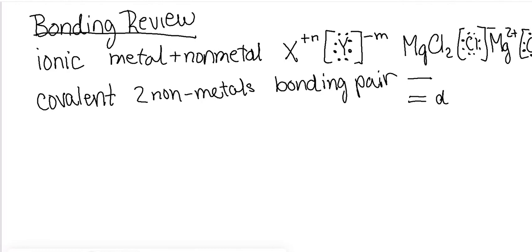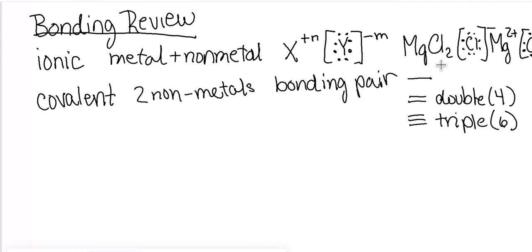Two dashes is a double bond. 3 dashes is a triple bond. A triple bond consists of 6 electrons, double is 4, and a single bond is 2 electrons. And then we also represent lone pairs with dots.